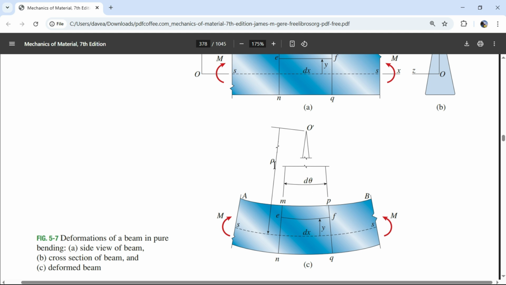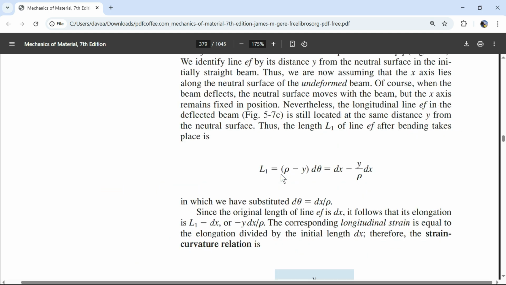D theta times rho divided by 2 gives me that arc length when I throw in a y value of rho divided by 2. So let's go back to the equation. If I throw in rho divided by 2, rho minus half of a rho is half of a rho, and I get half of a rho d theta. And if I know rho d theta is dx, that's going to give me half of dx.